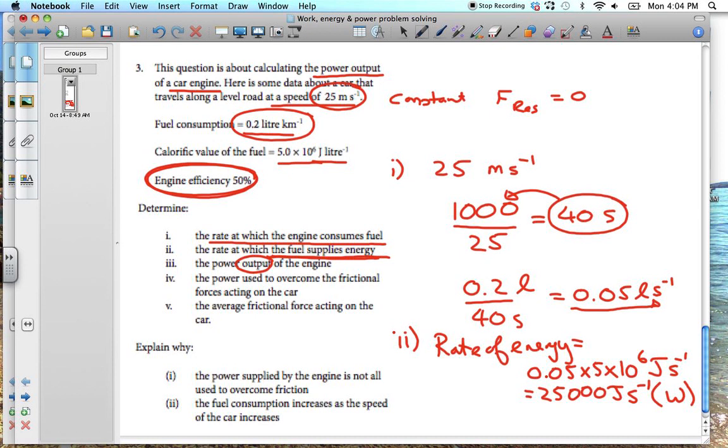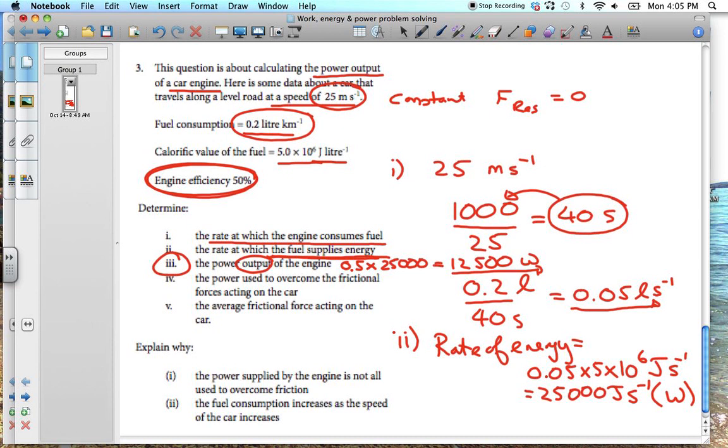So it would be 0.5 times your 25,000, which is obviously going to be 12,500 watts. That would give you the answer for question 3.